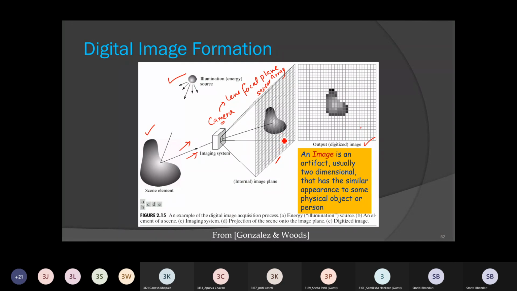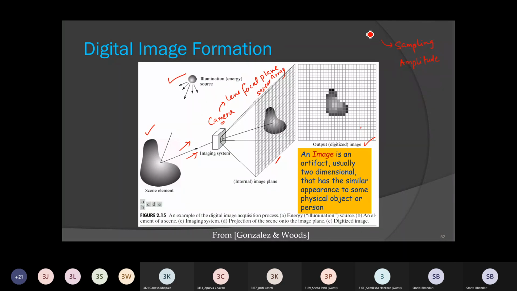If we digitize the coordinate values, then we say that it is a sampling process. And if we digitize the amplitude, then it is called quantization.